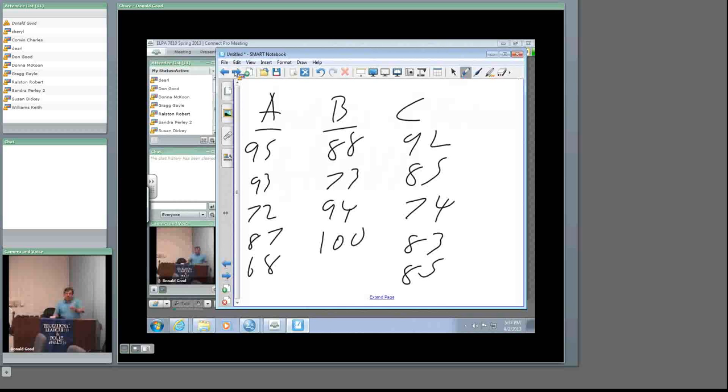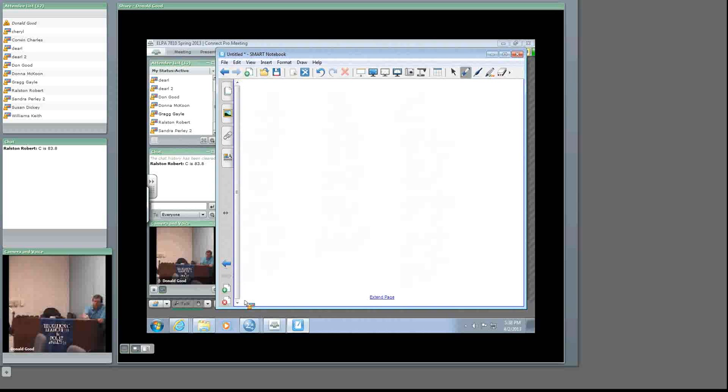So somebody get out your slide rule and abacus and calculate what these means are. What is A bar, B bar, and C bar? Give me whichever one you get. I don't know what they are, I just made the numbers up. A is what? 83 for A, okay. C is 83.8, I'm told.